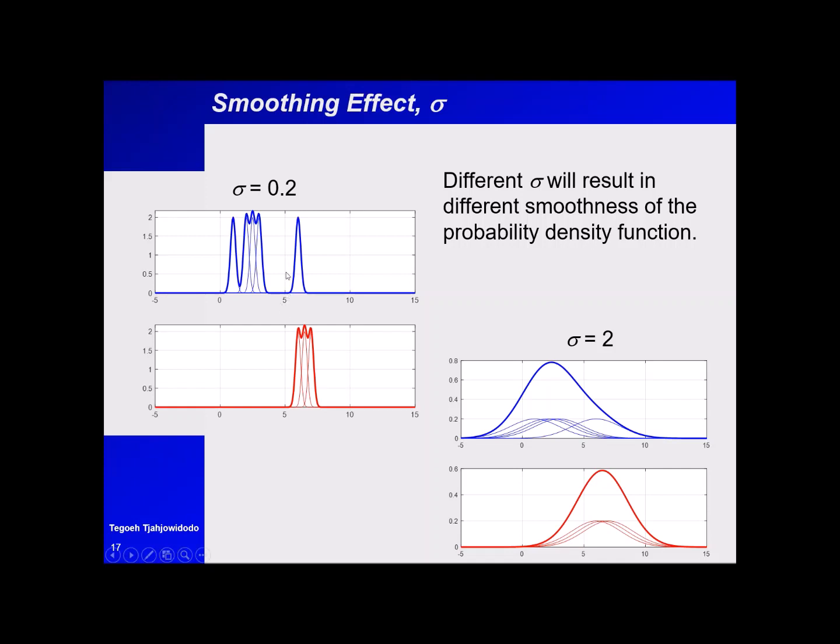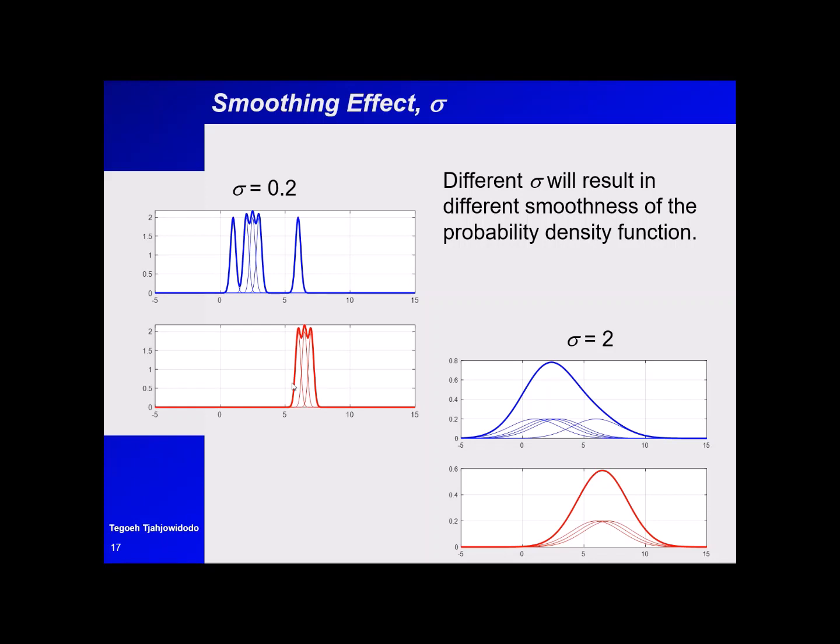So X equal to 5 will be here. If you look at this, both of them will give a zero probability. And at the end, because of this spiky probability density function, you will end up with zero areas here. If both of them give a zero value, then you cannot conclude anything about the classification of X equal to 5.